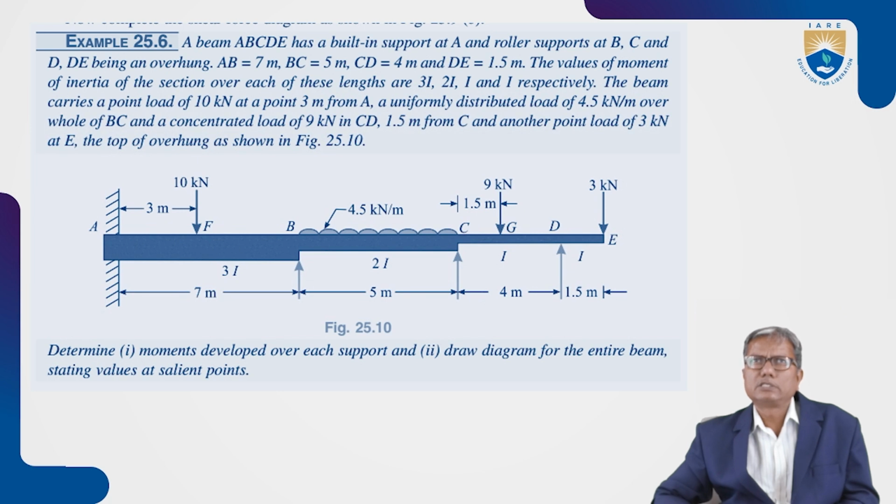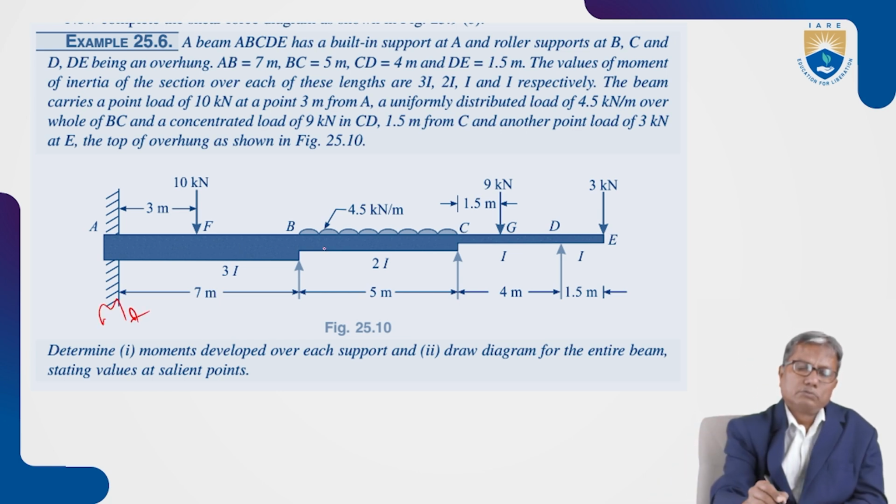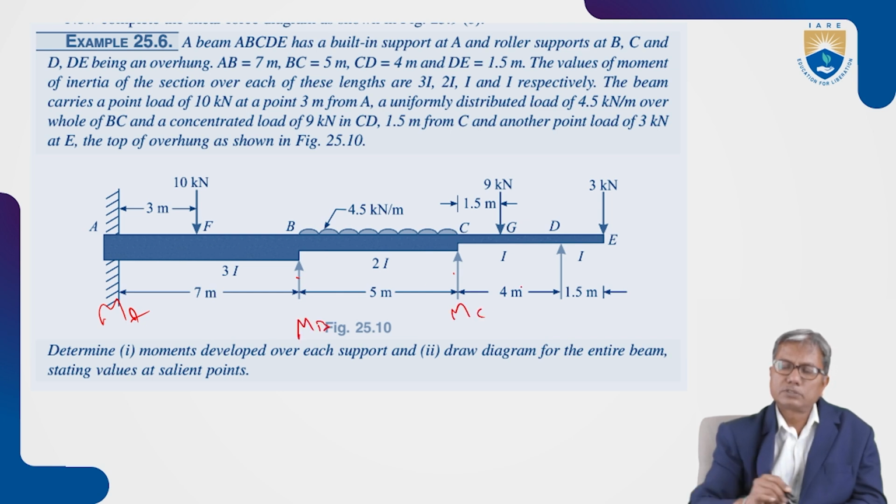Next, another example: let us consider a 3-span continuous beam with end A fixed and overhanging at support D. How many unknown moments will we have here? Moment at A, moment at B, moment at C. So we have three unknowns.